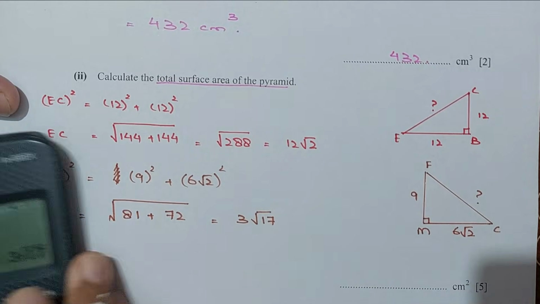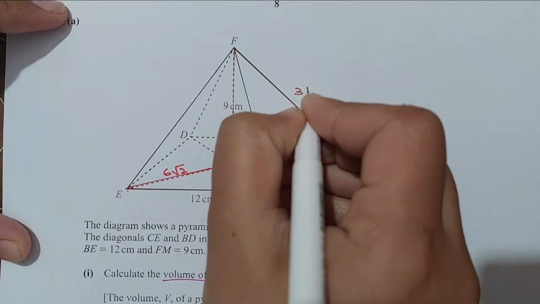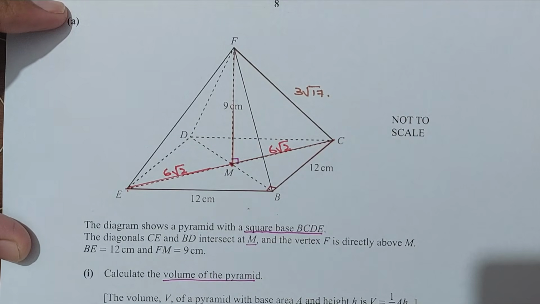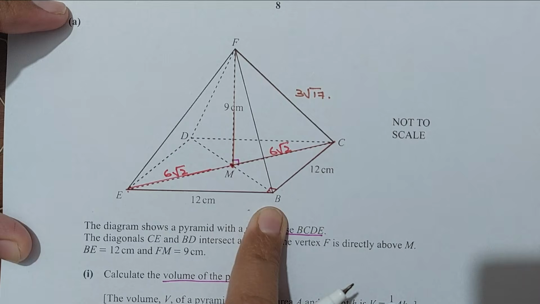So this length FC is 3 root 17. All right, so we have FC.